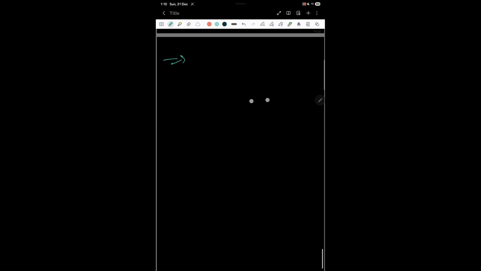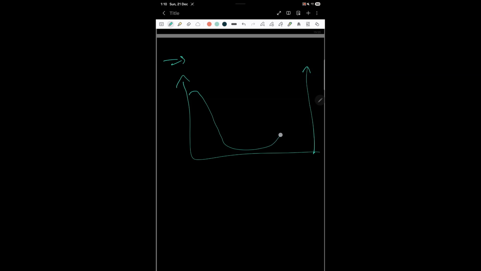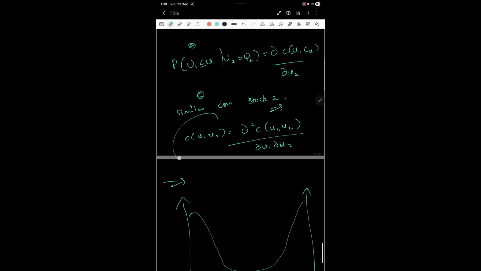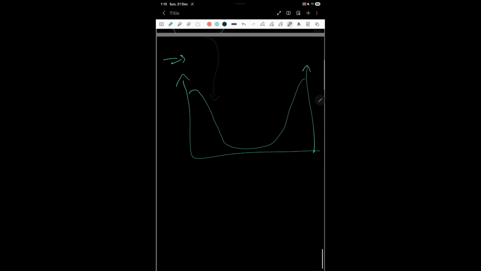Initially I showed you a graph, right? This Copula density function depicts this.